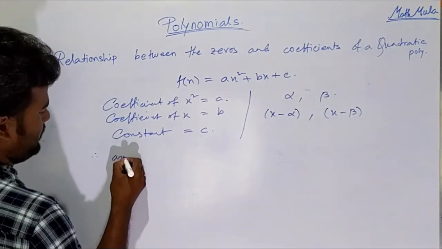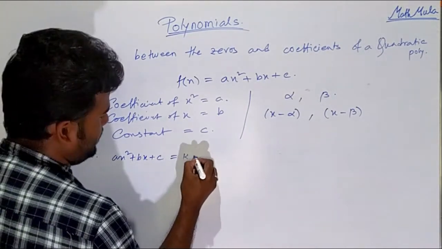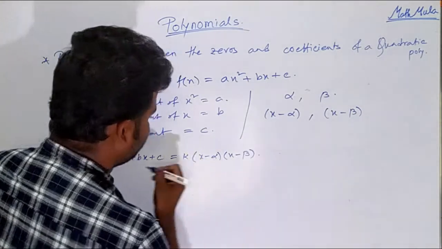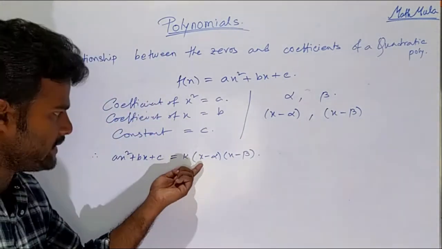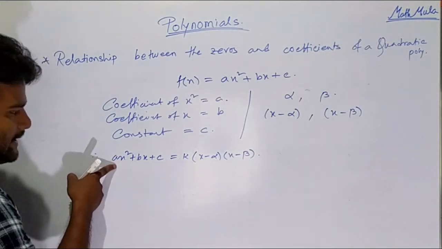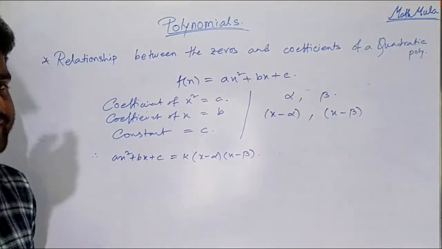Now ax square plus bx plus c is equal to k into x minus alpha into x minus beta. Why k? If we multiply x into x, it will be x square, and the coefficient of x square is a. To arrange this term, we multiply the constant k.